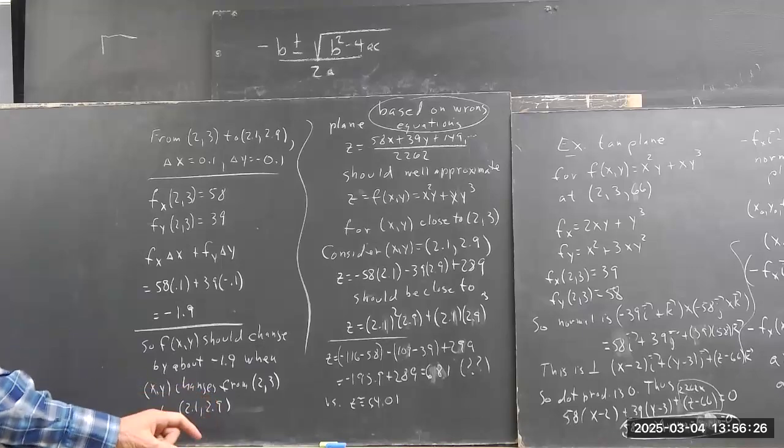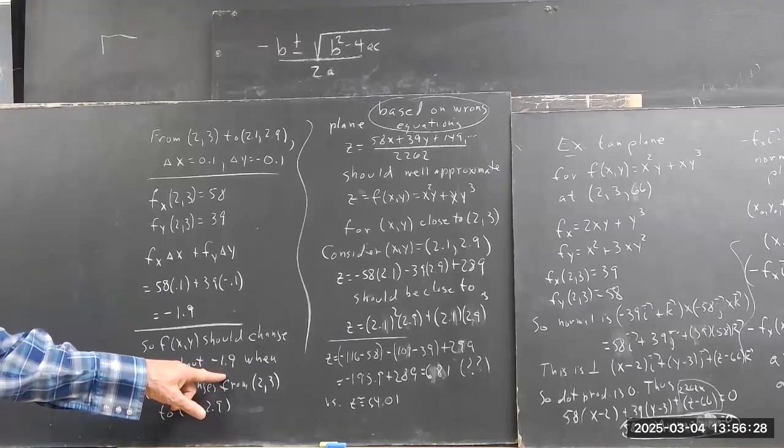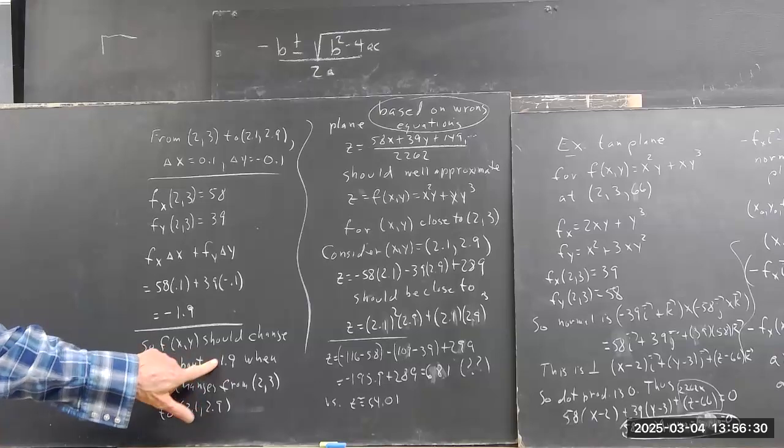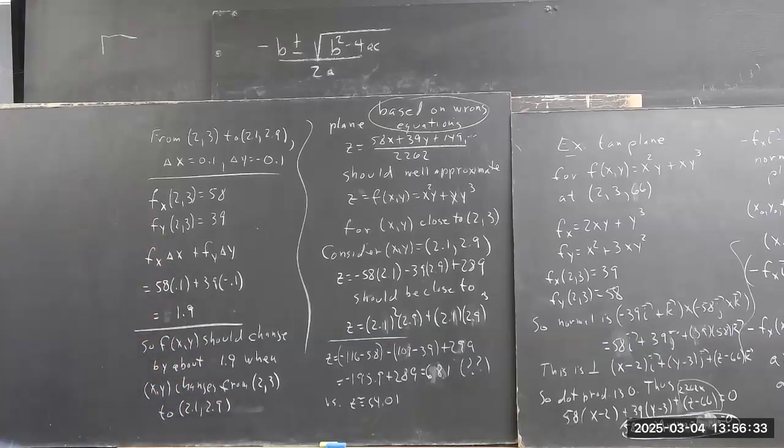So f of xy should change by about negative 1.9. No, sorry, it should be about 1.9.